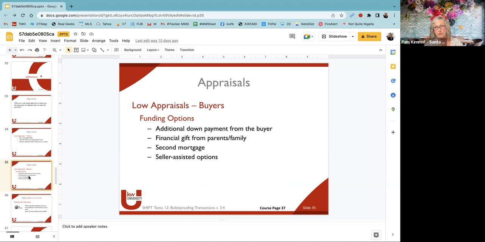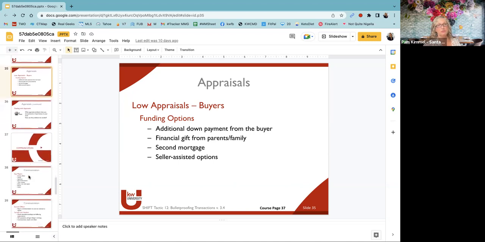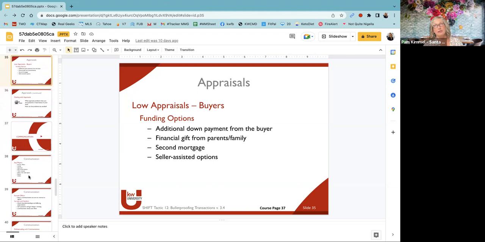If they currently own a property, bridge loans seem to be making an appearance at this point. And seller assisted options. Maybe the seller is willing to contribute, or do a carryback for a certain amount, with a separate payment to the seller.